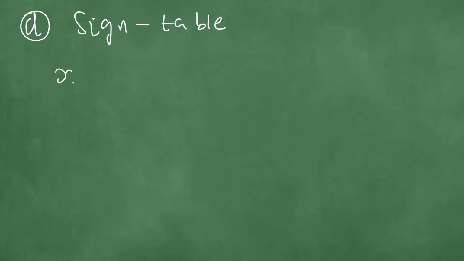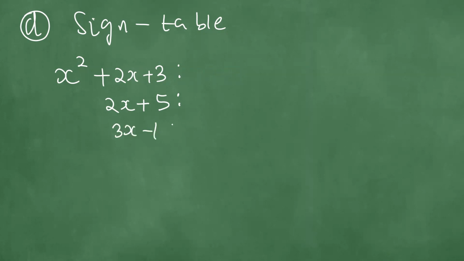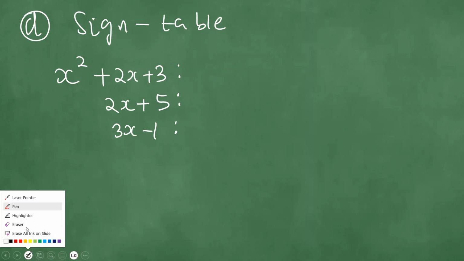So we are going to look at what we call the sign table. And then we have x squared plus twice x plus 3, twice x plus 5, three x minus 1.